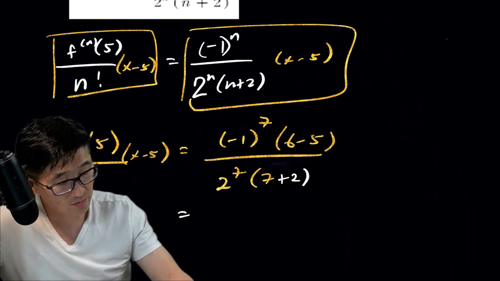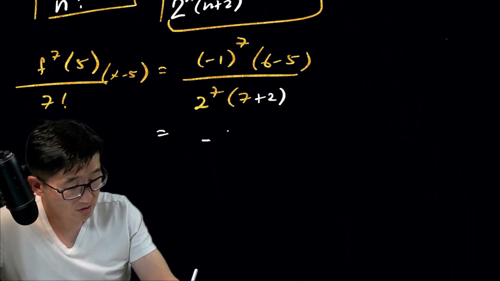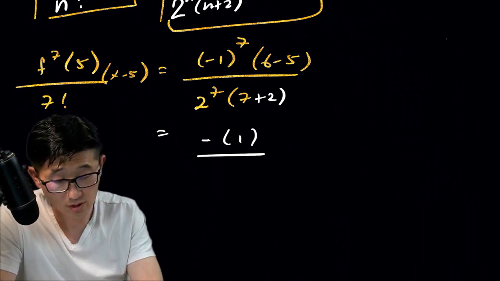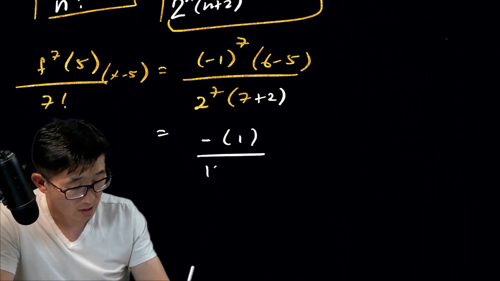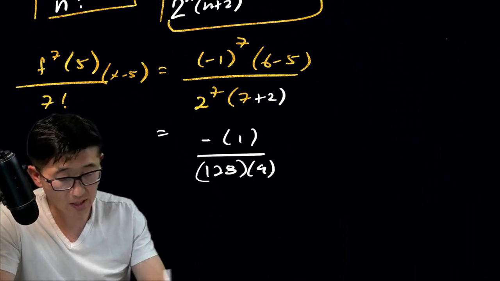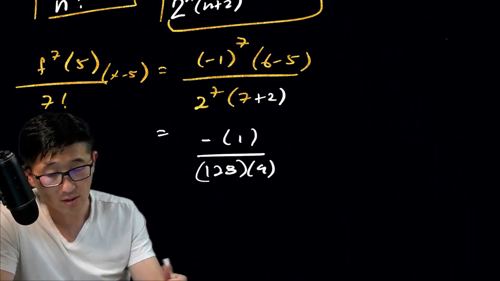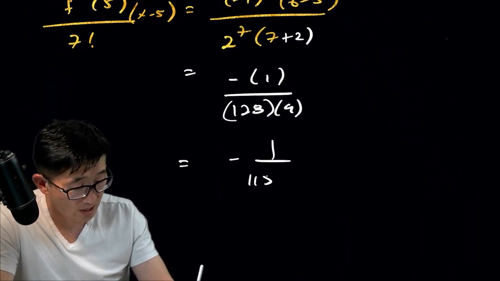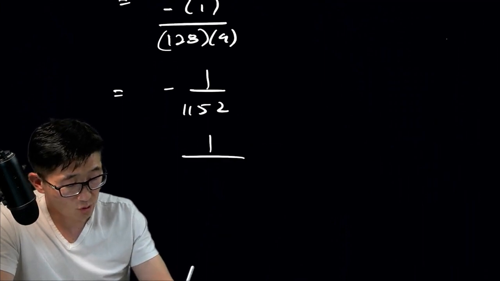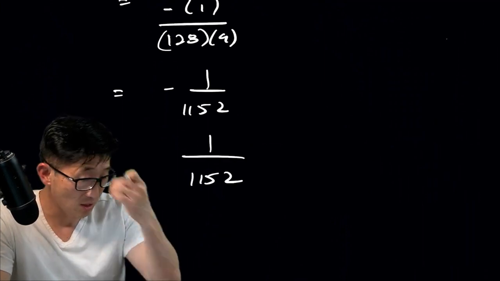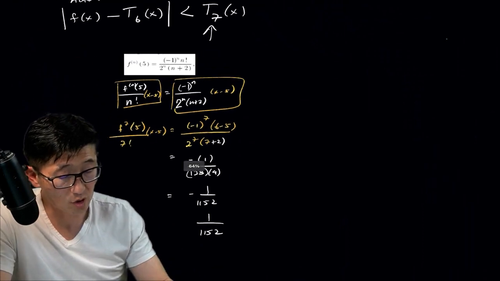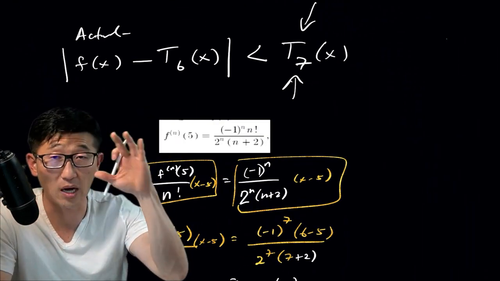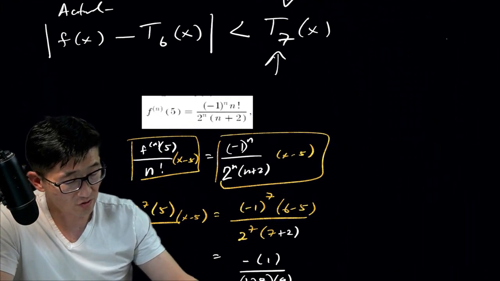And so what do we have? We have negative 1 over 2 to the 7th power, which is 128, and you're going to multiply this by 9, so times 9. And you'll notice that this is negative 1 over 1152. Now we're going to use the absolute value of that because when you compare the terms, you're comparing the absolute value, the positive number, to the 7th term.